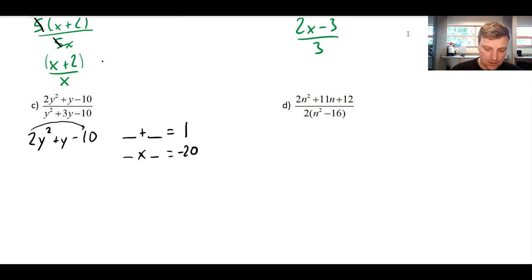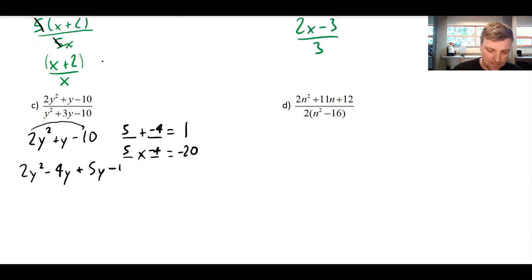So those two numbers are positive 5 and negative 4. And I'm going to decompose this original expression into 2y squared. It doesn't matter which way I decompose it, but maybe I'll do minus 4y plus 5y minus 10.